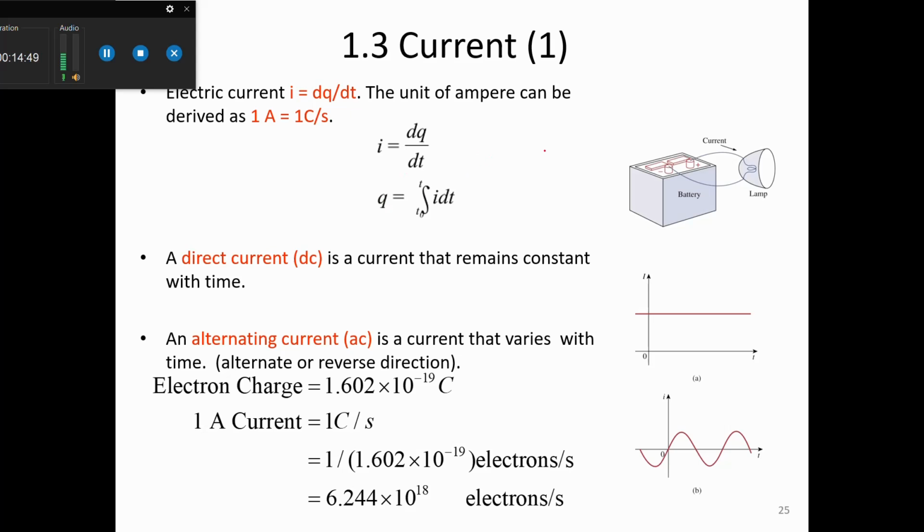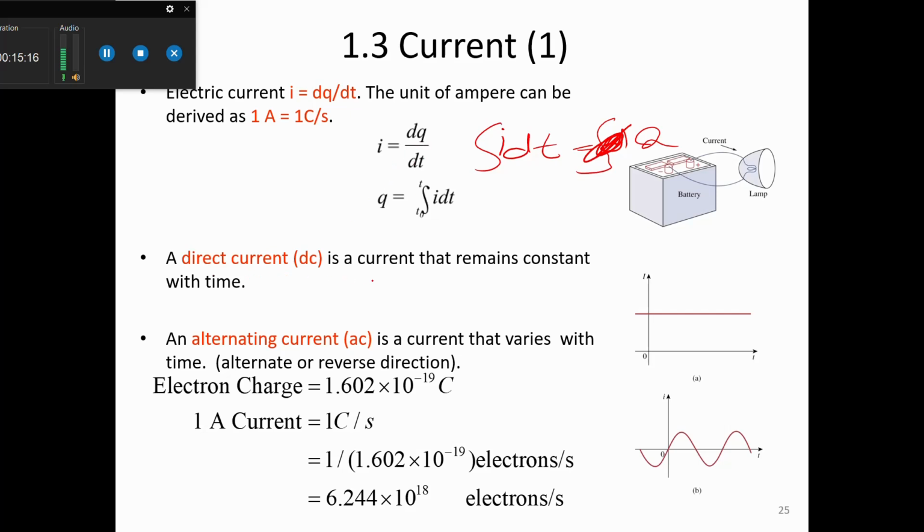So if we want to find Q, we can say I dt is equal to dq, and if we apply integration on both sides, we end up with Q equal to the integral of I dt, and we define the limits for the interval for which we want to find this change of charge with respect to time.